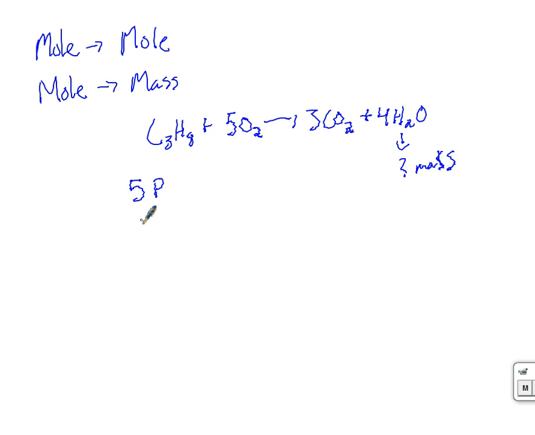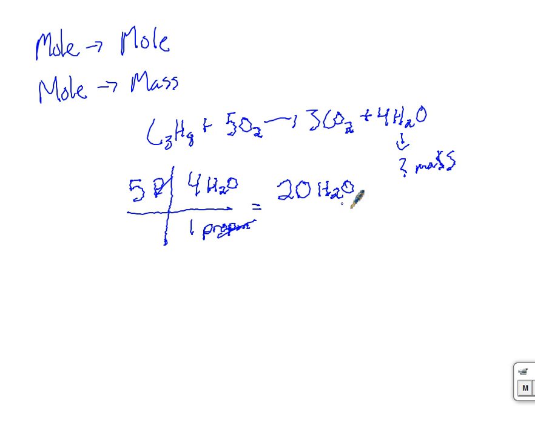So starting with 5 moles of propane, my mole ratio is 4 moles of H2O per 1 mole of propane. My propane cancels, and it will tell me when I have burned 5 moles of propane, I am left with 20 moles of water.